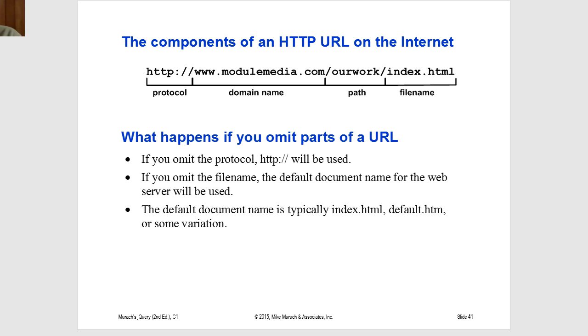The protocol, and that is how is the data getting sent? What is the configuration of the packets, of the bits and bytes that are being sent from the client to the server and back? HTTP is one protocol. FTP, that's another protocol. HTTPS is another protocol.